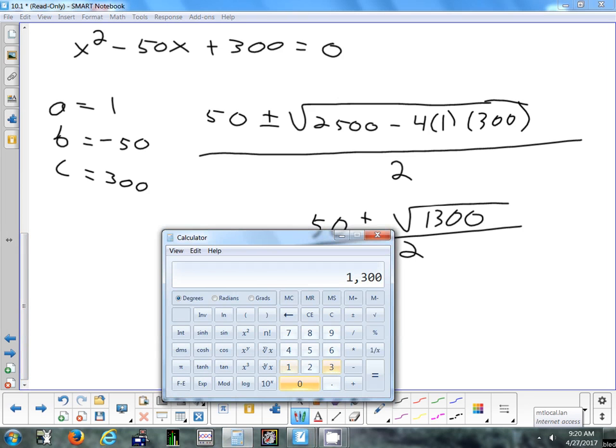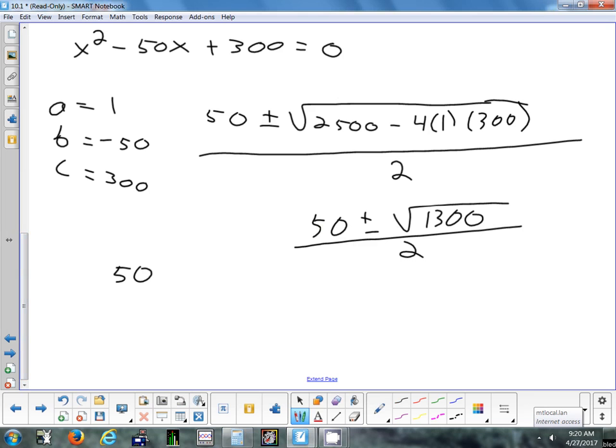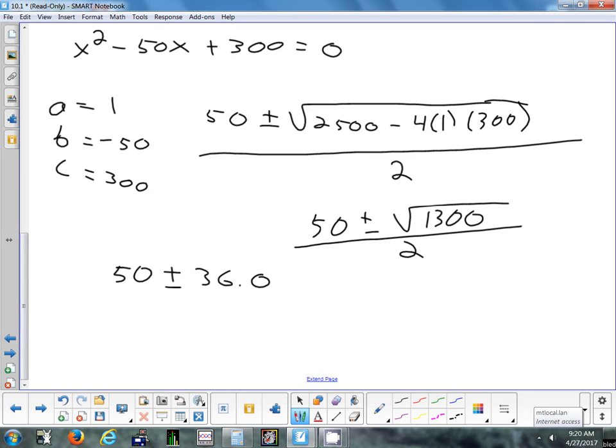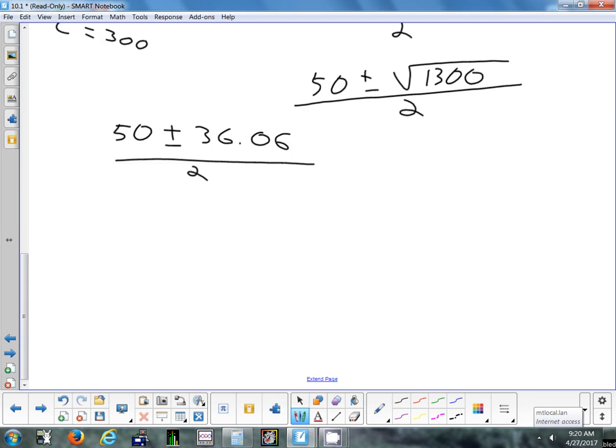So the square root of 1300 is about 36.06. So 50 plus or minus, what did I just say? 36.06 over 2. So let's write down the 2 answers.